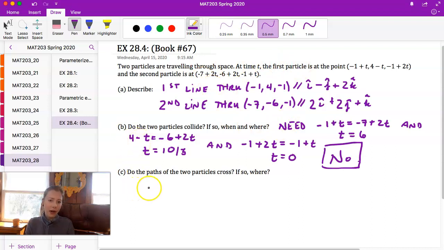So now let's figure out whether the paths of the two particles cross, and if so, where. So let's set up some equations here.